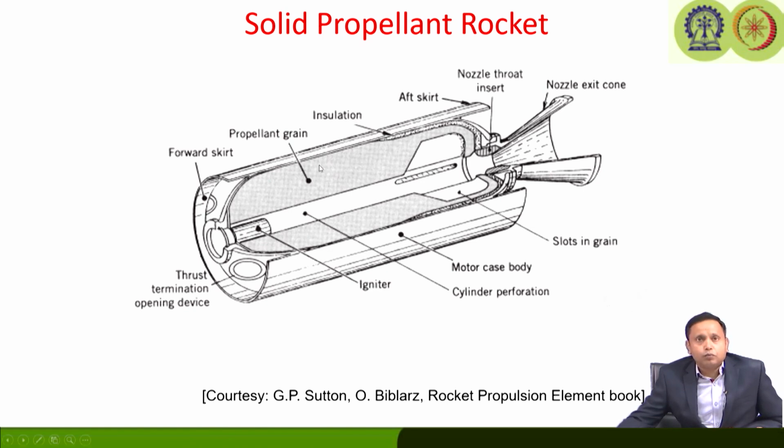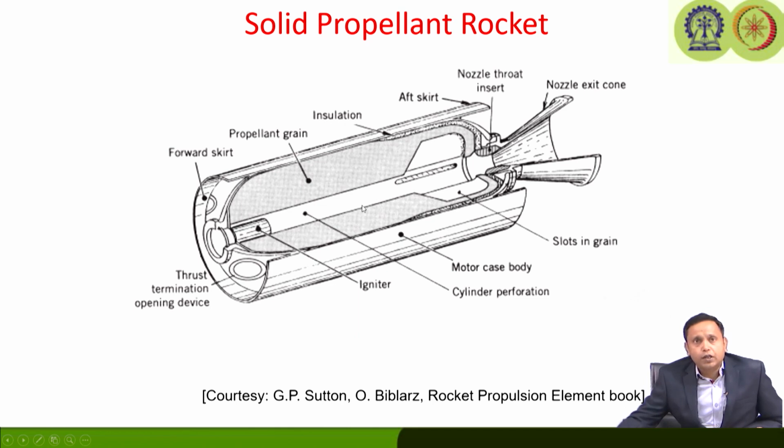So, as we now know, propellant is a combination of fuel and oxidizer, and they are made into a solid block of material, which is known as the propellant grain. So, this propellant grain is stored in, or placed in, the interior of the motor casing. You can see this is the outer casing of the motor.